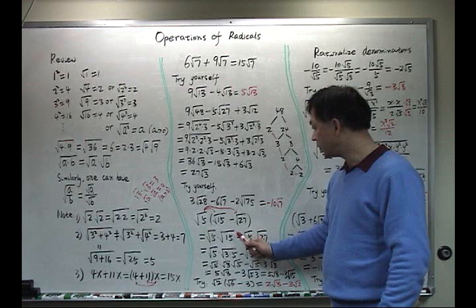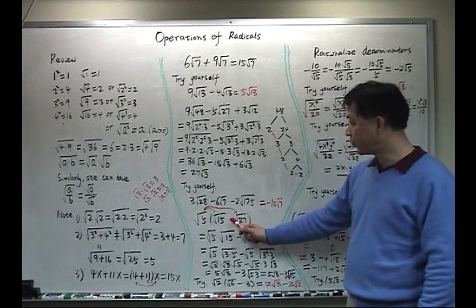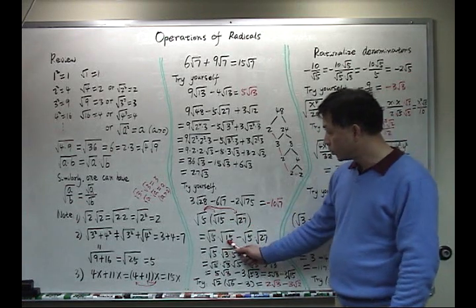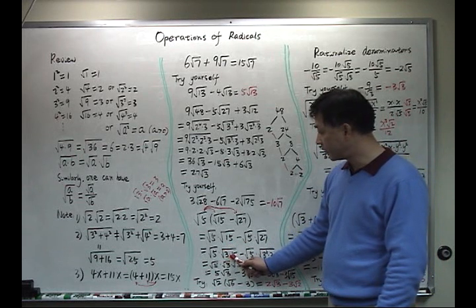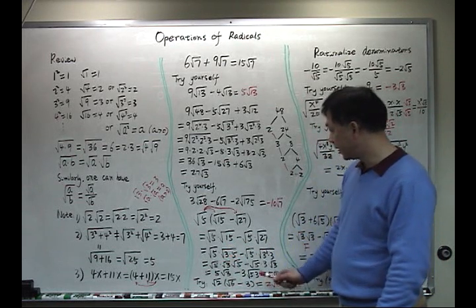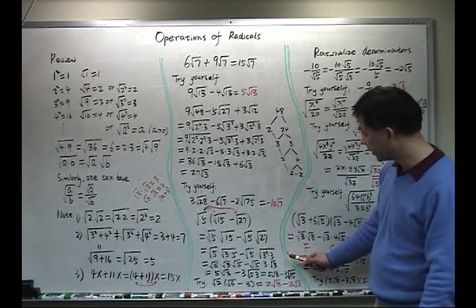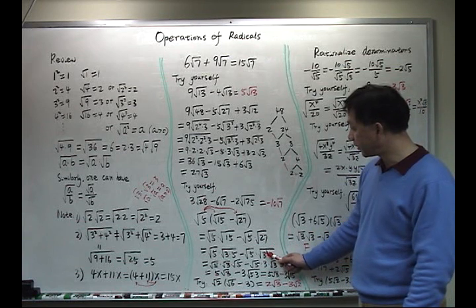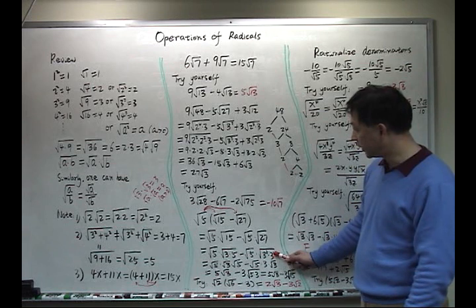Radical 5 times radical 27. Distributive property. Now you know radical 15 can be written as 3 times 5. And radical 27, previously we have it, that's 9 times 3. 9 is 3 squared, so it's 3 squared times 3, which is 27 right here.